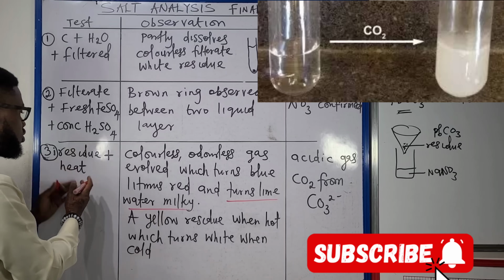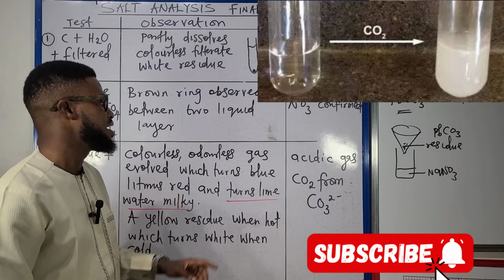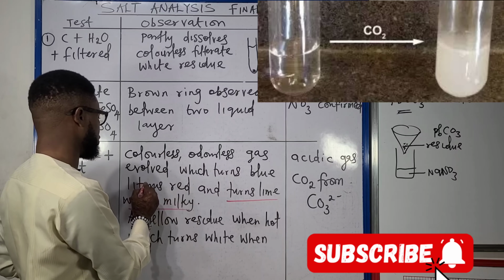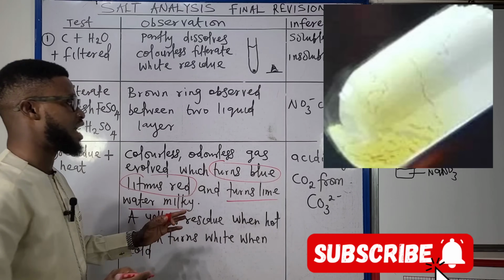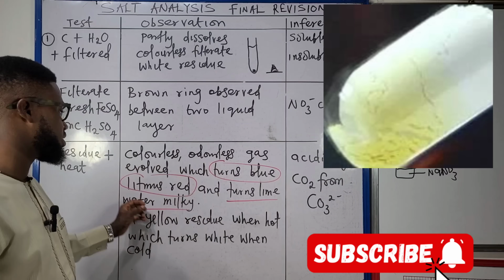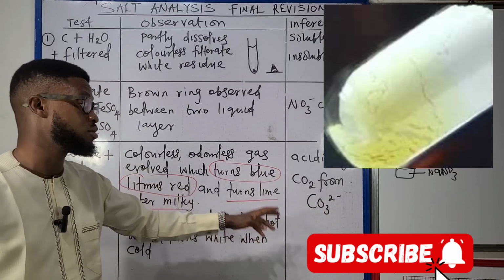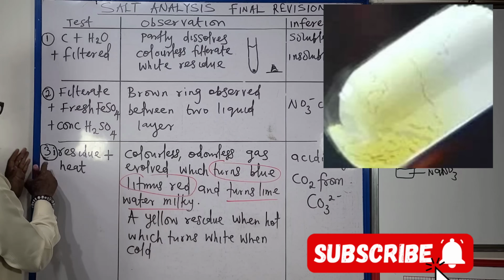Of course, that's when it's brought in contact with lime water, it turns it milky. The fact that the blue litmus turned red, that tells us that's an acidic gas. And the fact that the gas turns lime water milky, that is telling you that that is CO2 gas from trioxocarbonate 4 ion. That's talking about 3 Roman figure 1.